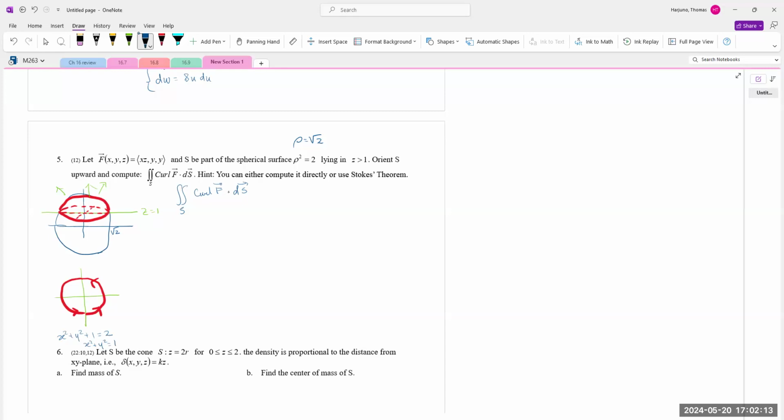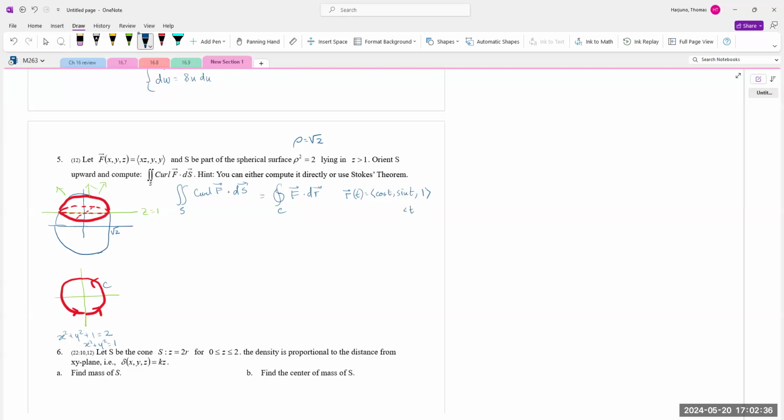So this is equal to the integral over closed curve C of F dot dr, where r(t) is parameterized by cosine t, sine t, 1. Remember z equals 1, right?